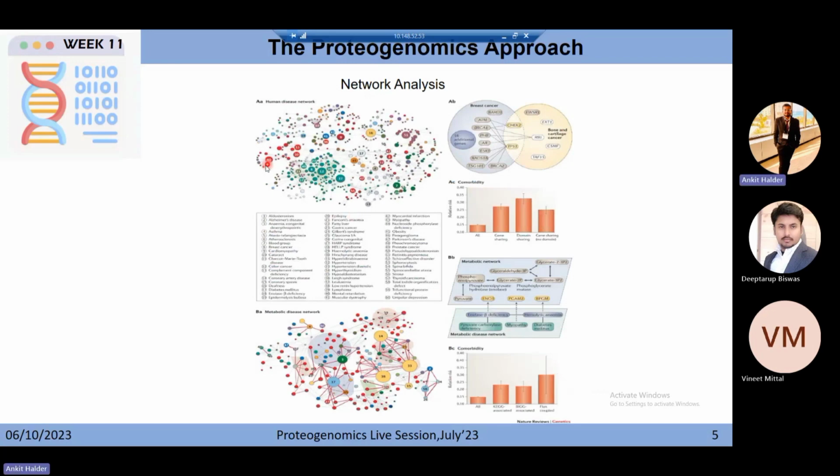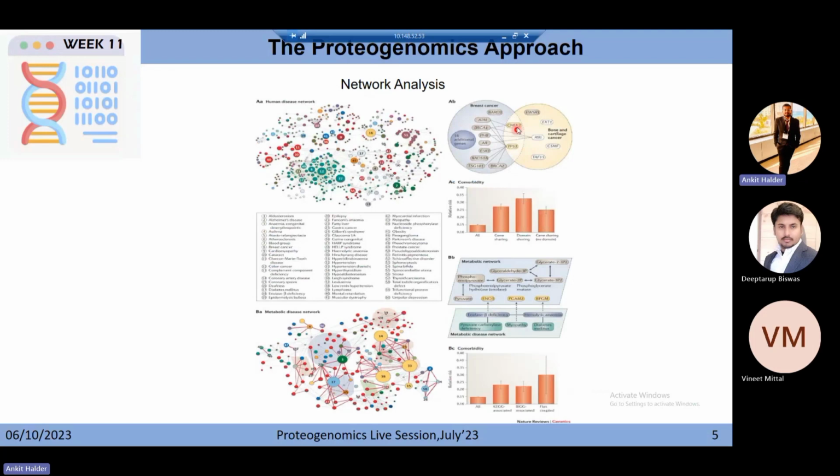In a certain study, if you have performed your analysis and look into any manuscript, you will find many manuscripts that have provided such experiments and results, where you get different sets of networks associated with particular proteins or genes. So here you can see the networks.